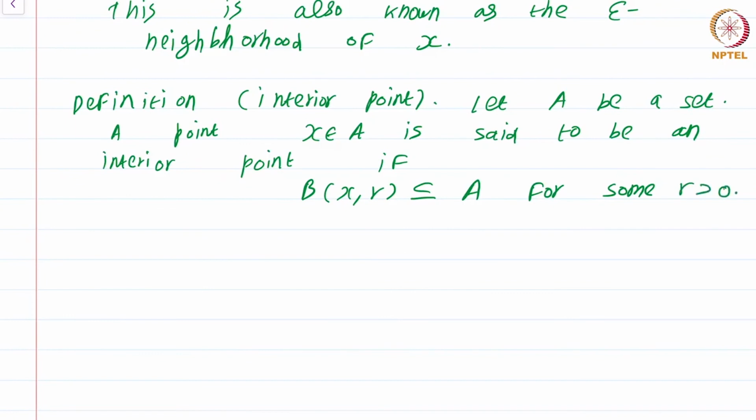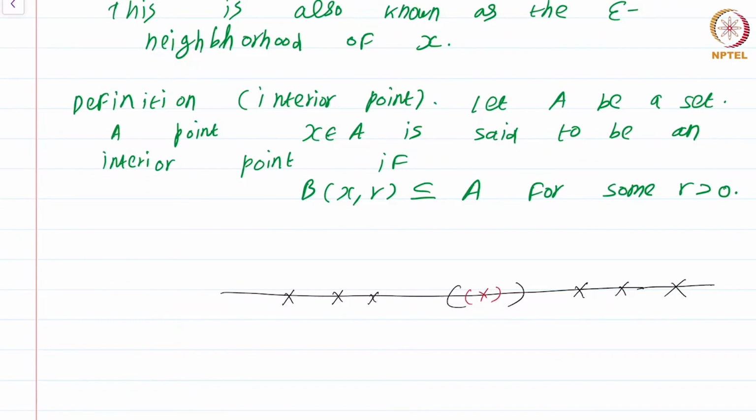So the best way to illustrate this is, of course, by a picture. You have a set A on the real line. Let's say there are these finitely many points and there is this open interval and there are some more finitely many points. Okay. If you choose a point inside here, then I can of course find an open interval around this point which is fully contained in the set.